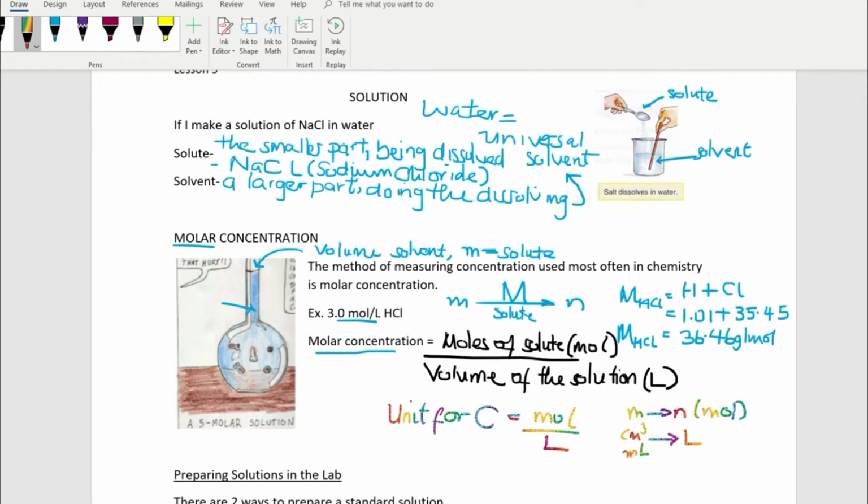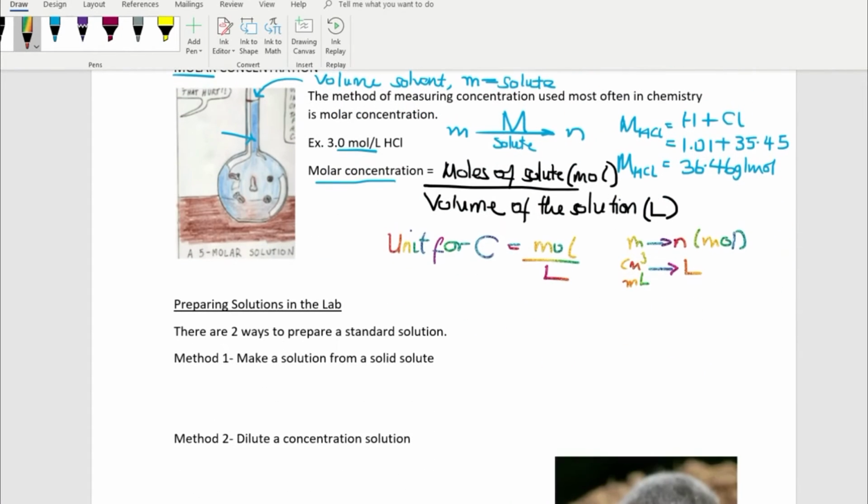So preparing a solution in the lab, in this case there are two ways to prepare a standard solution. One way is by making a solution from a solute. Now in here, we need to keep our volume constant. That is what you need to take note of.